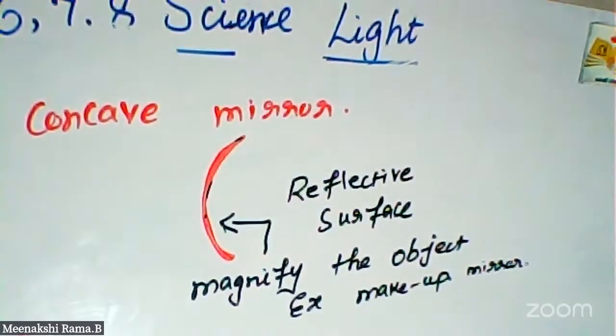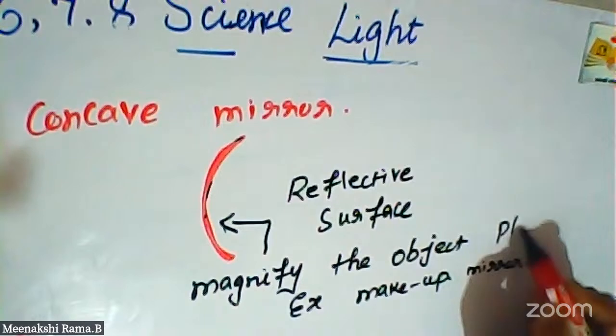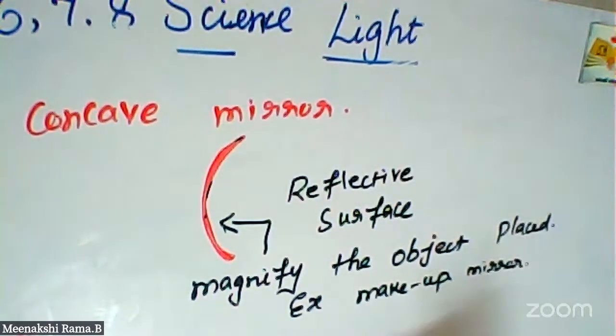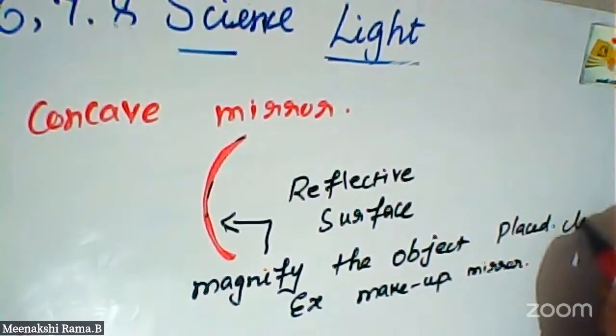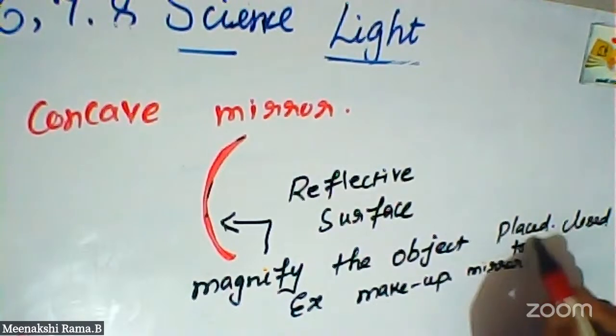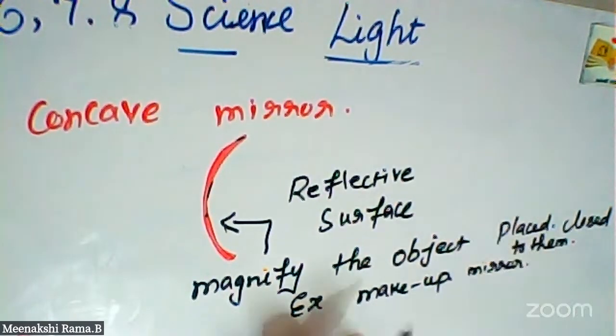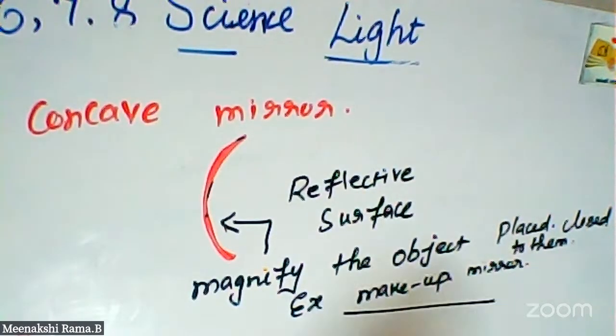It magnifies the object placed close to it. So this is the main detail about the concave mirror.